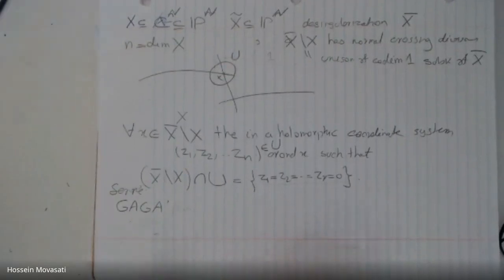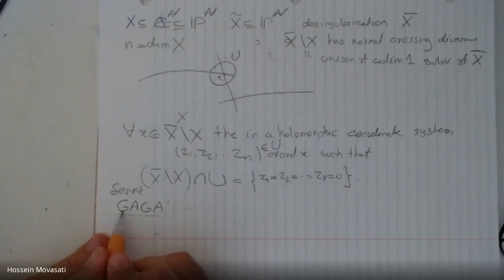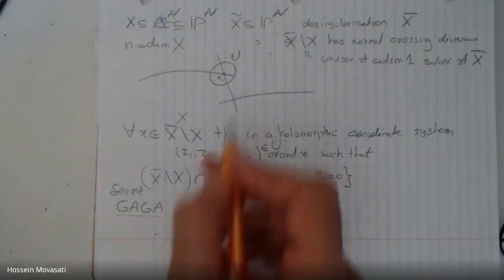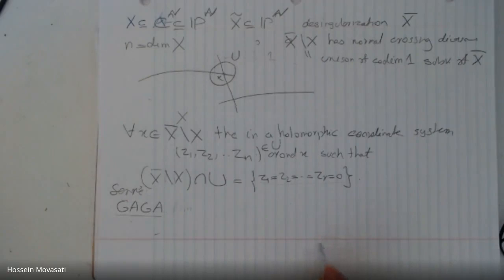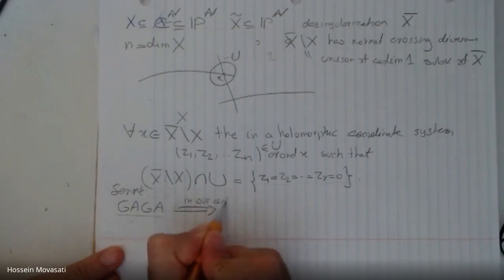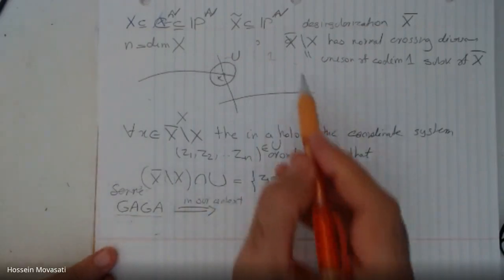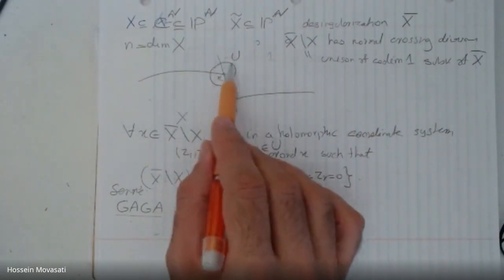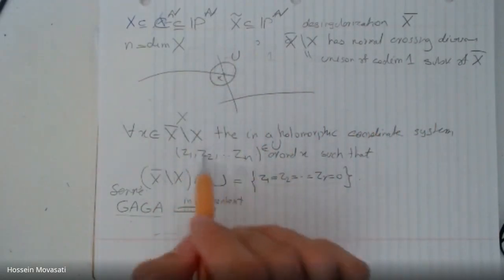What is Serre's GAGA? GAGA refers to, in French, géométrie algébrique, géométrie analytique. Let me explain in our context. First of all, this desingularization is algebraic, even though the normal crossing I defined in a complex context.